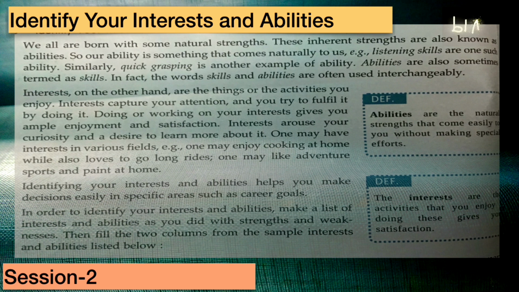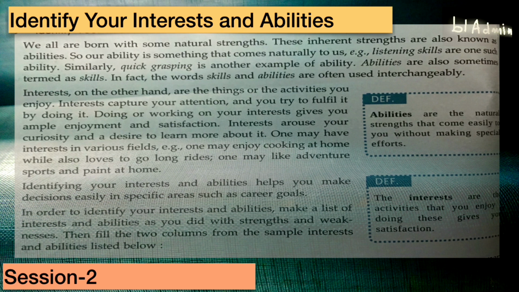Identifying your interests and abilities helps you make decisions easily in specific areas such as your career goals. In order to identify them, make a list of interests and abilities, as you did for your strengths and weaknesses. Fill two columns with your interests and abilities.